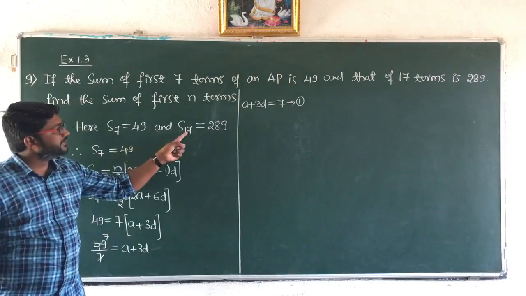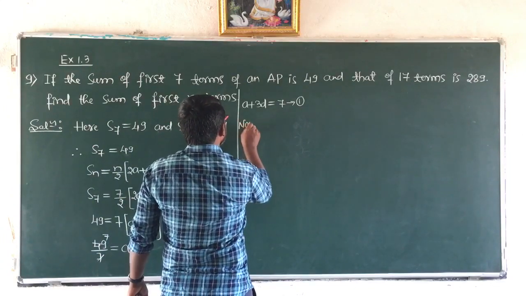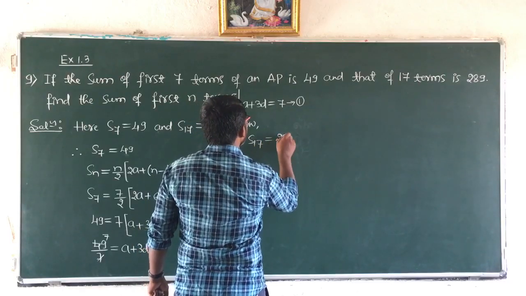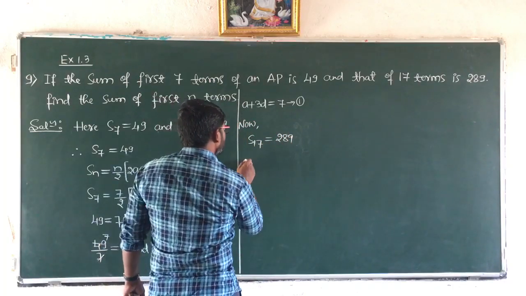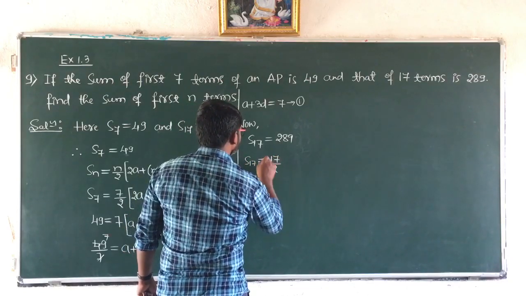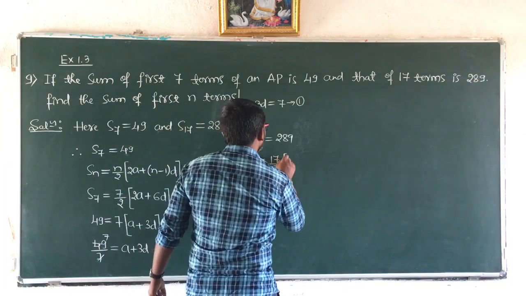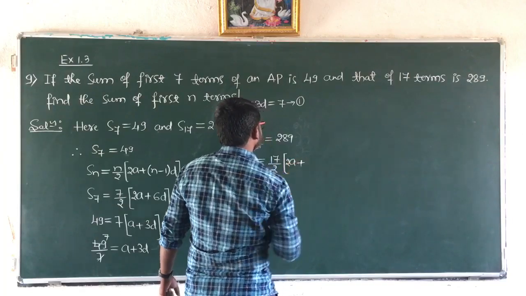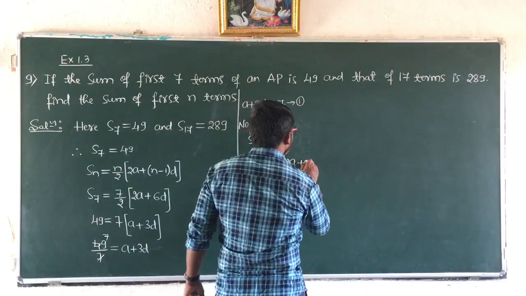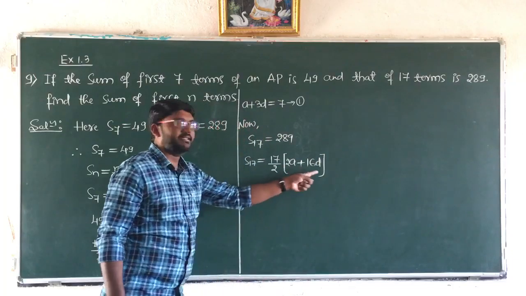So next we have to consider S17 equal to 289. Now S17 which is equal to 289. So here S17 which is equal to n by 2, that is 17 divided by 2. So I am using this formula now. Then 2a plus n minus 1 into d. What is n here? So n it is 17. 17 minus 1 will give us 16d. I have written directly.